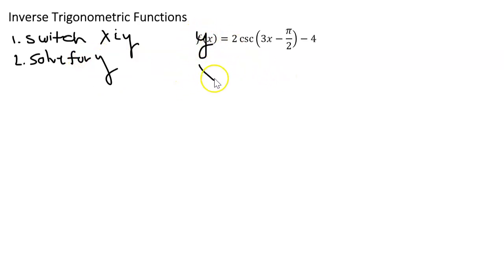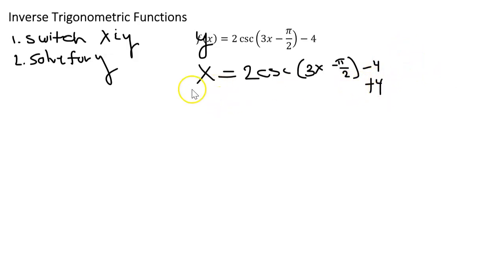So step 1: x equals 2 cosecant of 3x minus pi halves, minus 4. From here, your order of operations really matters because we've got a reciprocal function, but that reciprocal function is not alone. Eventually, we're going to need to reciprocate the cosecant, but before we can do that, it's got to be by itself.